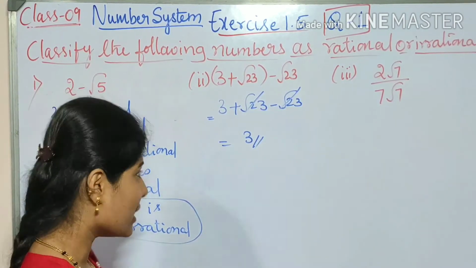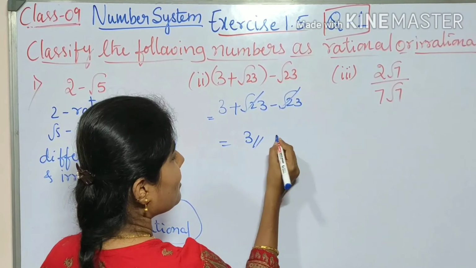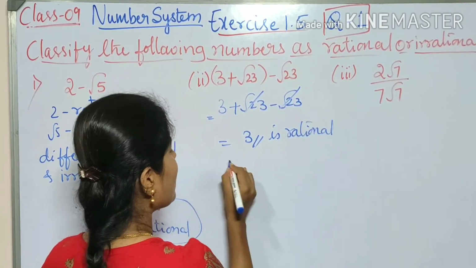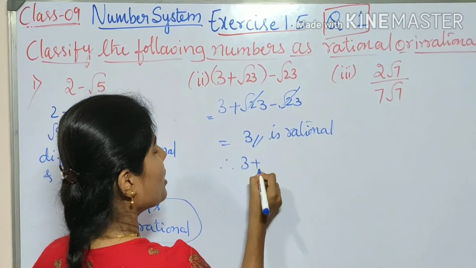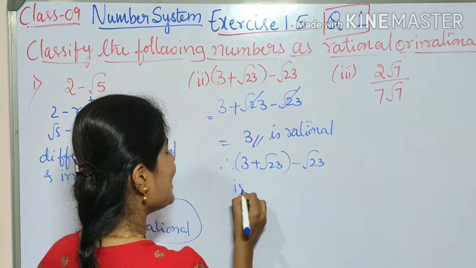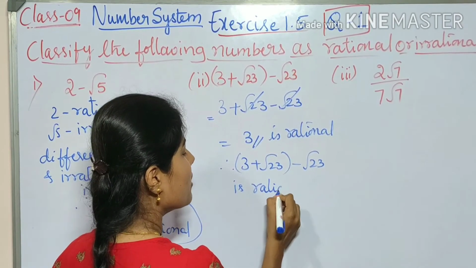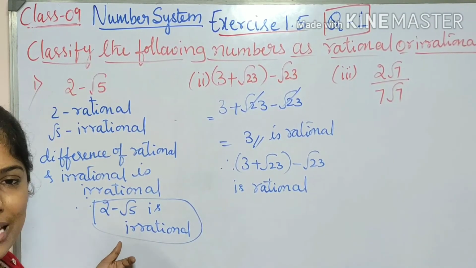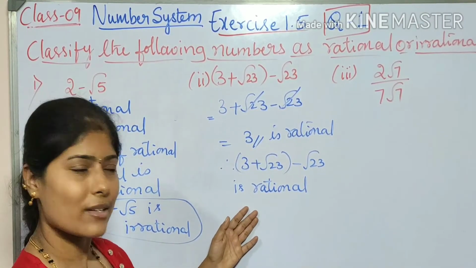Finally we got 3, and 3 is rational. Therefore, 3 plus root 23 minus root 23 is rational. You can observe that in the first case it is irrational, and in this case it is rational.